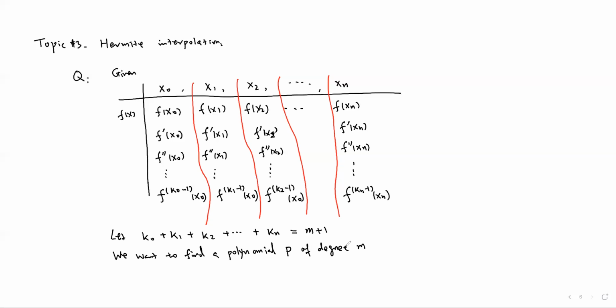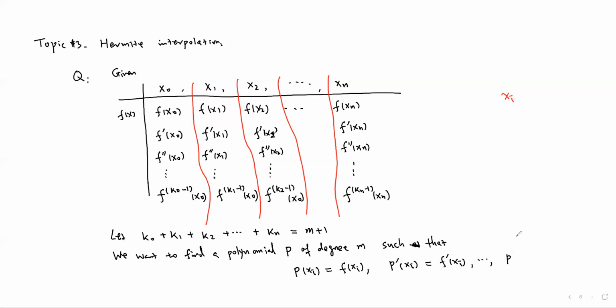We want to find a polynomial of degree m such that, let me take a general node xi, p at xi is equal to function value at xi. Derivative of p at xi is equal to derivative of function at xi, and so on.